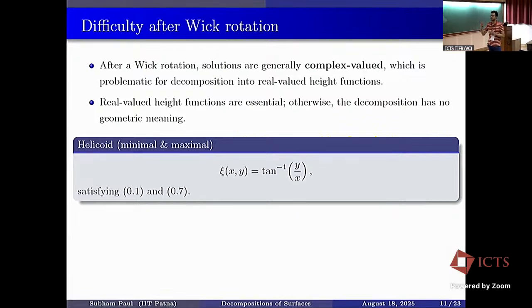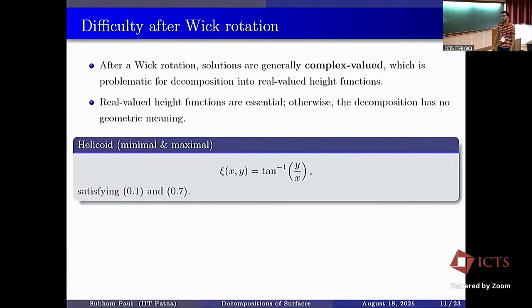So Camion used this expression for this Ramanujan's identity. Fortunately for this particular surface, there is this identity, and using this identity, he was able to decompose this surface. But experimentally, it can be seen actually.